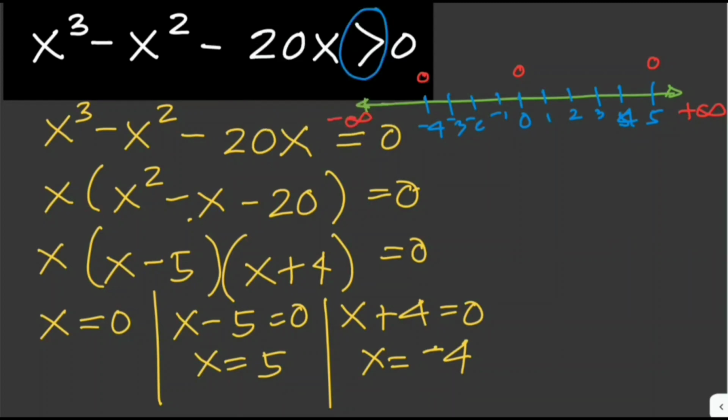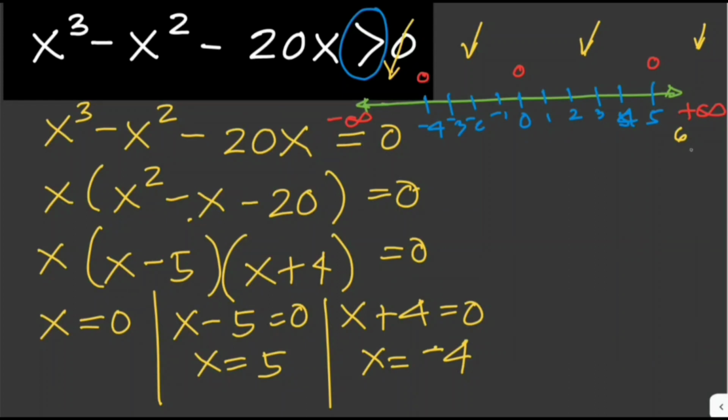And now we can test the points. So we have 4 regions, and we test the points. We test one point between 5 and positive infinity. So let's try 6 here.